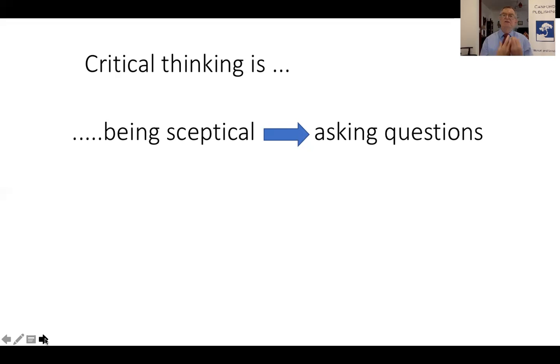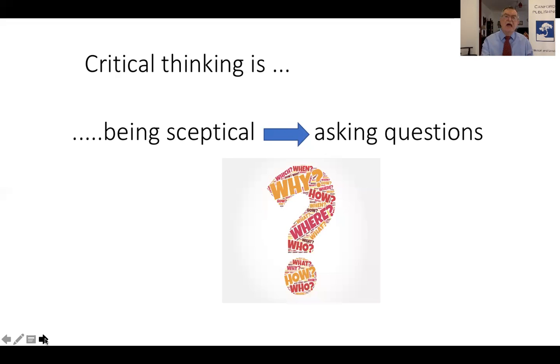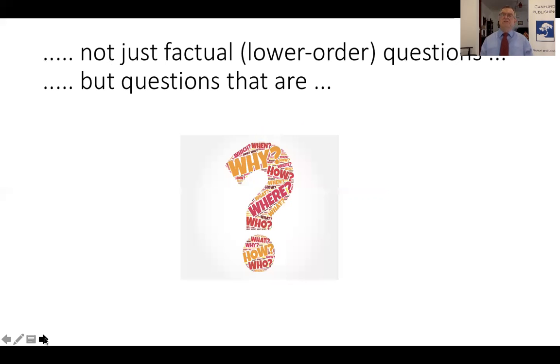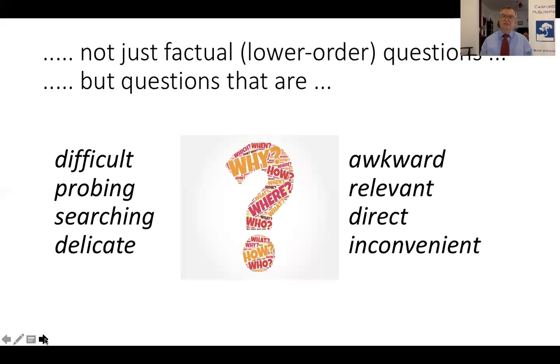So this is something we want to foster in our students, getting them to ask questions. And not just factual questions, beginning with, for example, what and when, but perhaps more difficult or awkward questions, searching, inconvenient questions. We can also call these higher order questions that begin with things like why and how and so on.